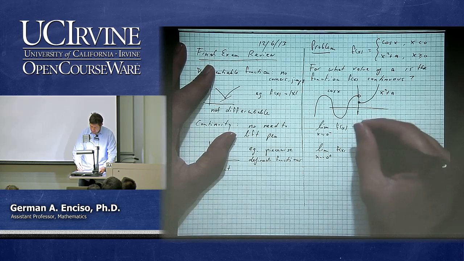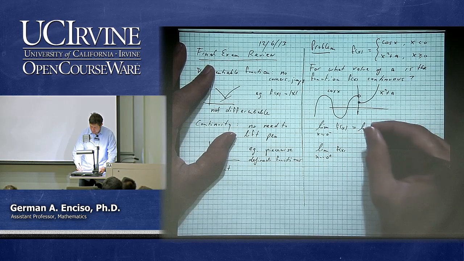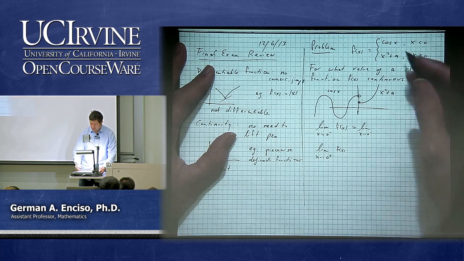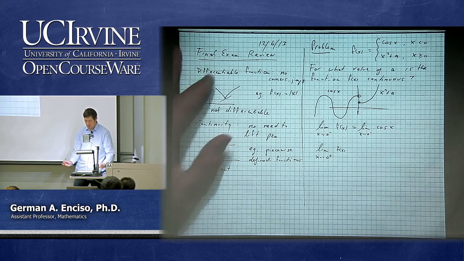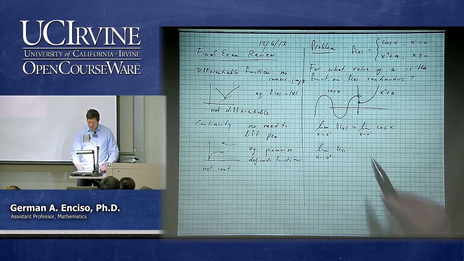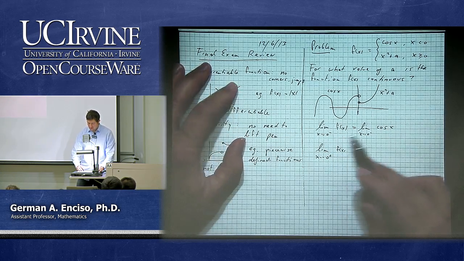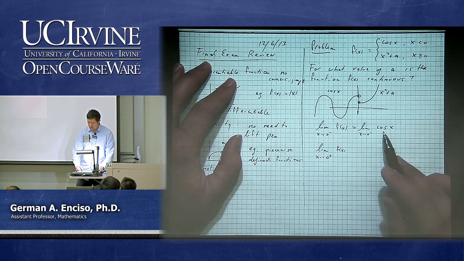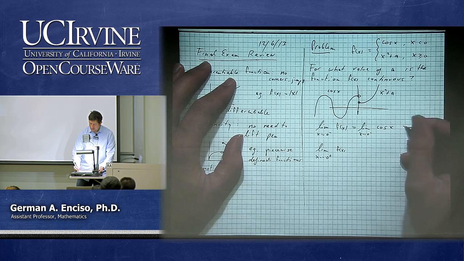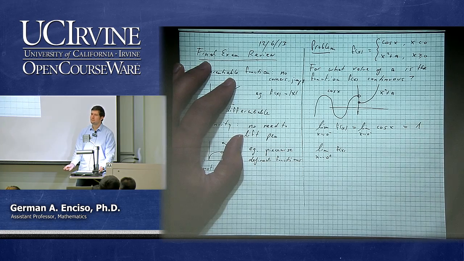The limit from the left of f of x is equal to the limit of the function cosine of x. Okay? Once again, when x is negative, f of x is cosine of x. So I can write the limit when x goes to 0 minus of cosine of x. And that limit is 1.